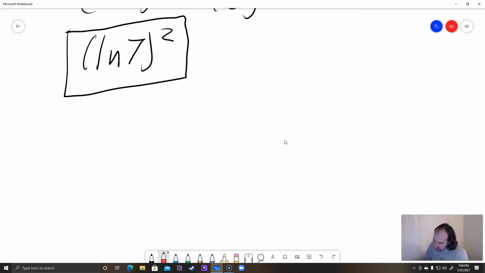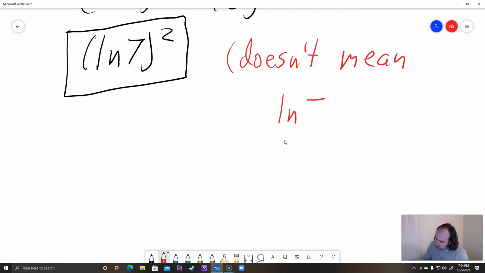Just in parentheses here, I'll write, this does not mean ln of 7 squared. Because there are parentheses around the whole thing, you can't use the power rule for logarithms from pre-calculus, so you can't bring the 2 out front. So this is as simplified as it gets, and that's our answer: the quantity ln of 7 quantity squared.